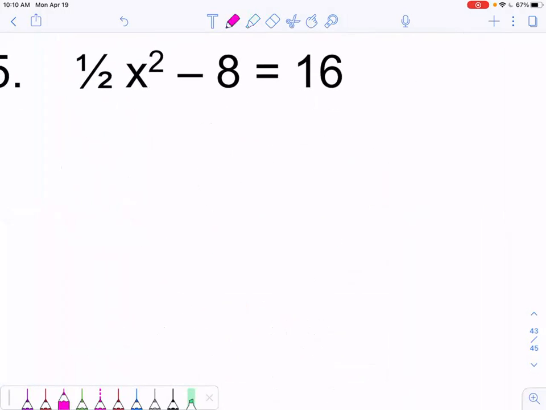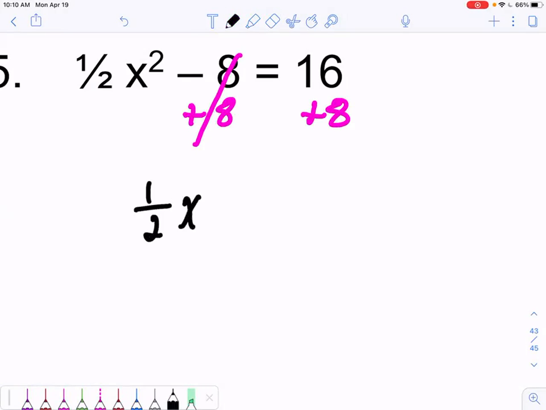That's 2 over the fraction. Anya, how do you solve for x? What's the first step? Okay, we're gonna add 8. So 1/2 x squared equals 24.